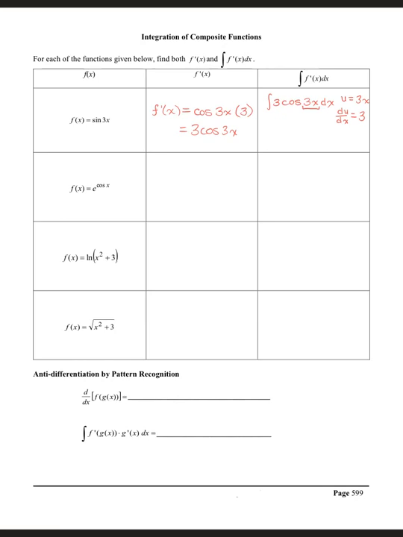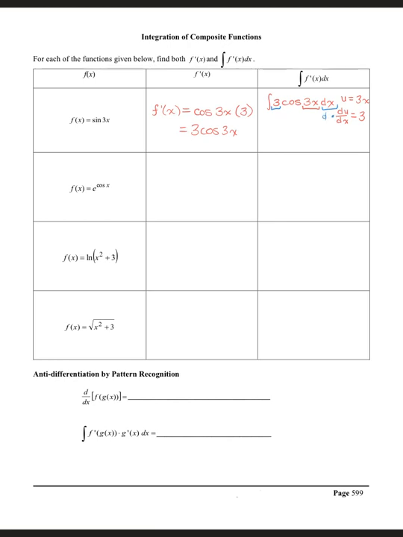Okay, so in this integral here, I have 3 dx left over. We can look at this du/dx as kind of a fraction. It's not really, but we can pretend it is.